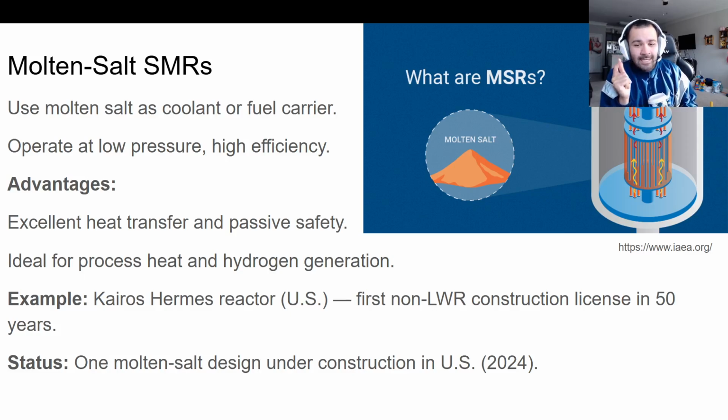So the cons of these are molten salts are extremely corrosive, right? If you live near the ocean, or the sea, you're going to find that your truck or your car tends to rust a little bit faster because of the salt in the air, right?